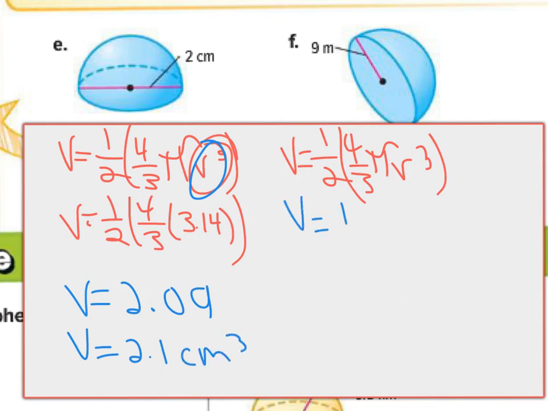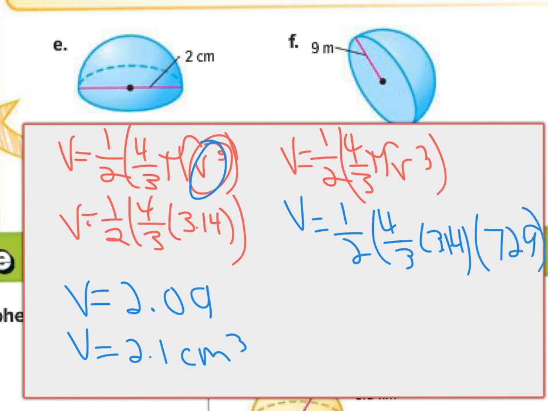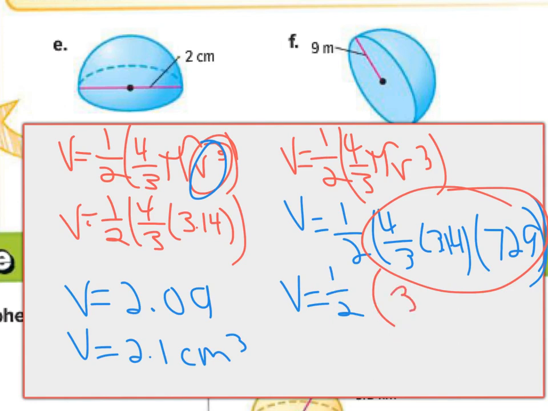Okay, let's go to the next one. Volume equals a half times 4/3 times 3.14 times 9 cubed, which is 9 times 9 times 9. Oh my goodness. Which is 729. And now we can multiply all three together and then multiply that times a half. When I multiply just this area here for my full volume, I get 3,052.1.